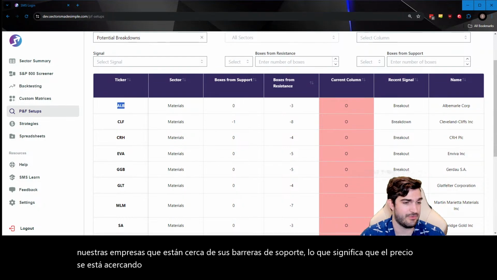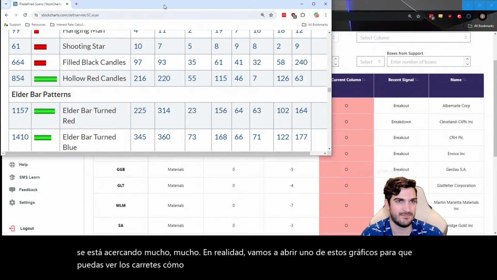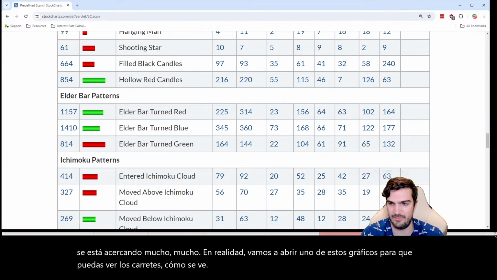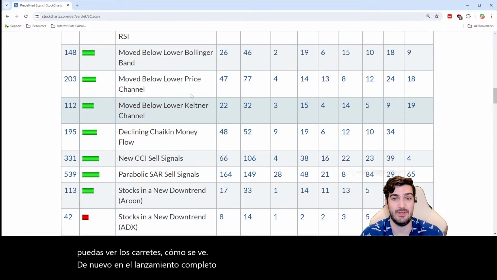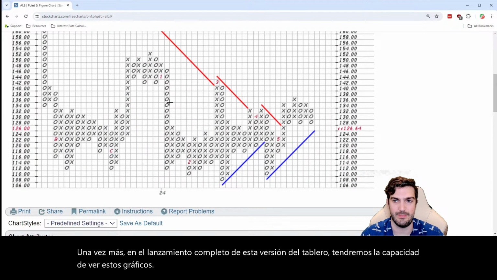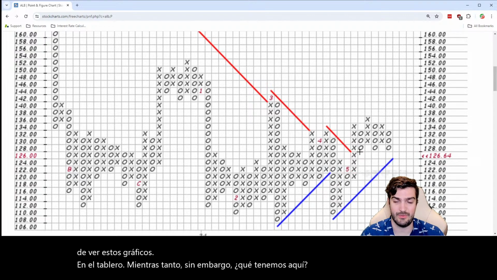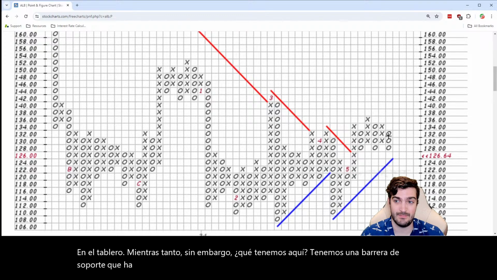Actually, let's just open one of these charts up so you can see what it looks like. Again, on the full release of this version of the dashboard, we will have the ability to see these charts in the dash. In the meantime, though, what do we have here? We have a support barrier that has been tested once and twice.